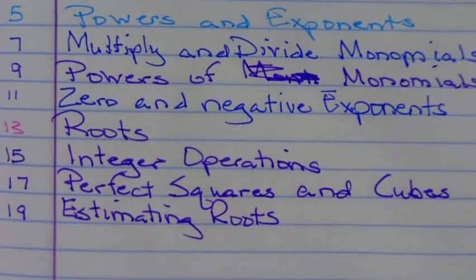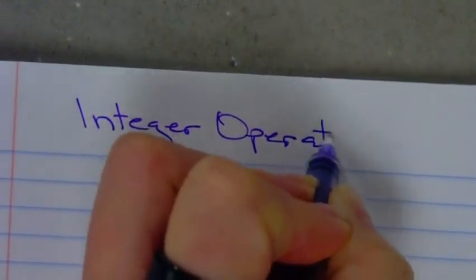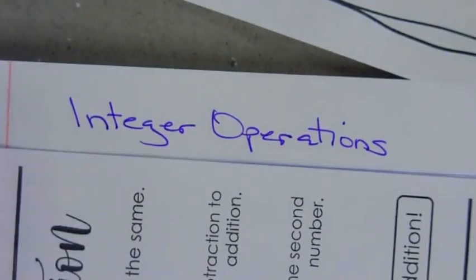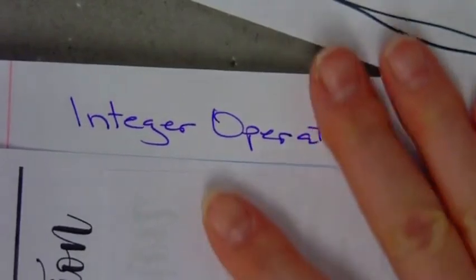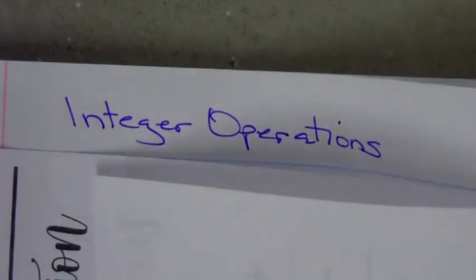Okay, so like I said, we're going to add in those first 2 things. So integer operations. And you're just going to glue that in this direction so that you've got it. And I'm going to keep going, but if you need me to pause so that you can glue that in, let me know.